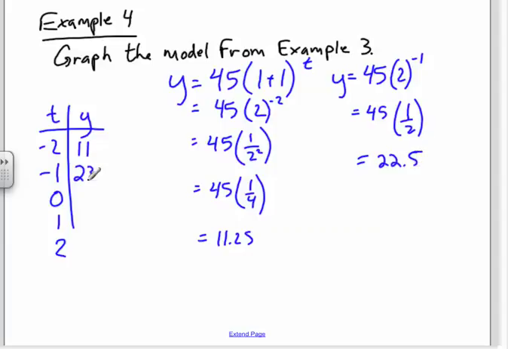Okay? And then think about this. What if t was 0? Now remember what t means. It means time. So 0 time has passed, so that means right now. So we go to the 0, that's just going to be 45 times 1, which is 45. That means we've got 45 wolves presently.